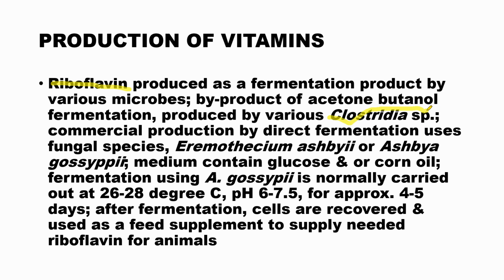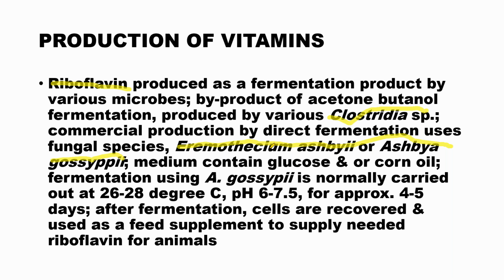Commercial production of riboflavin is by direct fermentation using fungal species Eremothecium ashbyii or Ashbya gossypii. So vitamin B12 and riboflavin are either produced as a byproduct of certain fermentation or by direct fermentation. In both ways we can produce it. For example, riboflavin can be produced as a byproduct of acetone butanol fermentation using Clostridia, or by direct fermentation using Eremothecium ashbyii or Ashbya gossypii.